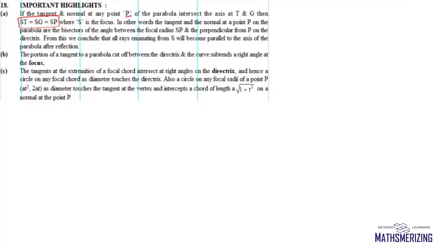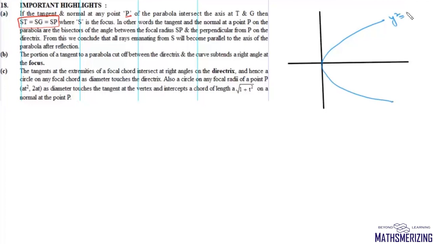So what we'll do is draw this parabola. Suppose it is y square equals 4ax, and on this parabola we have a point P whose parameter is, suppose, t, that is, at square, 2at, and the focus is at a, comma 0.